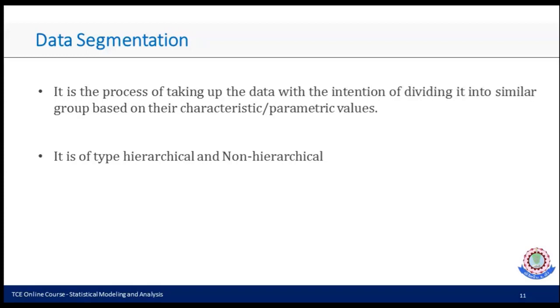So it is of type hierarchical and non-hierarchical. This type of descriptive analytics has its application in the major field of understanding the customer population, and it deals with the efficient allocation of market resources.